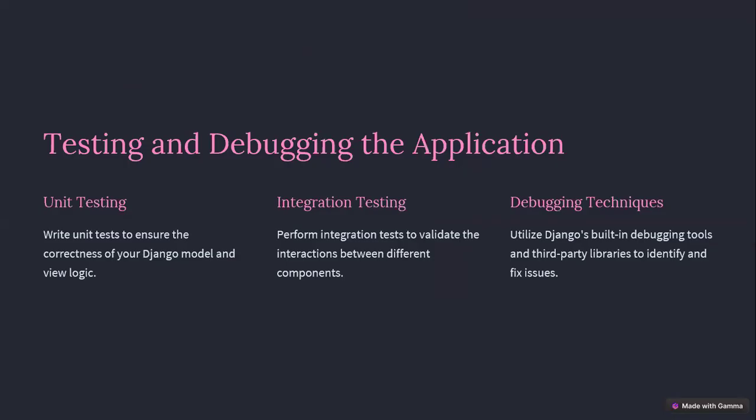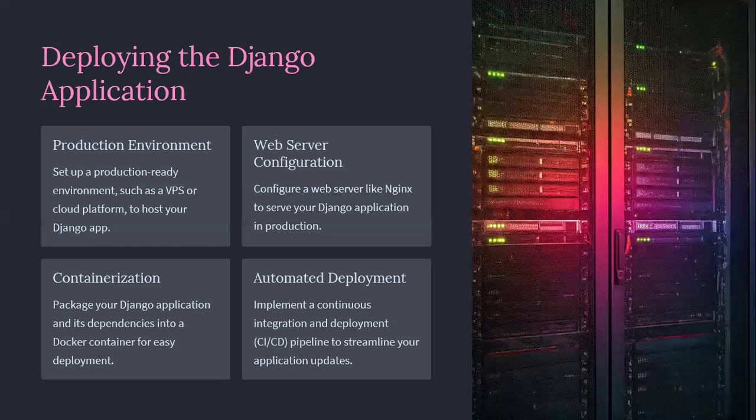So we have unit testing. Unit testing is the process of testing just a particular group of code, while integration testing is bringing those codes together to test and ensure that they are all working fine. Then debugging techniques utilize Django built-in debugging tools and third-party libraries to identify and fix issues.